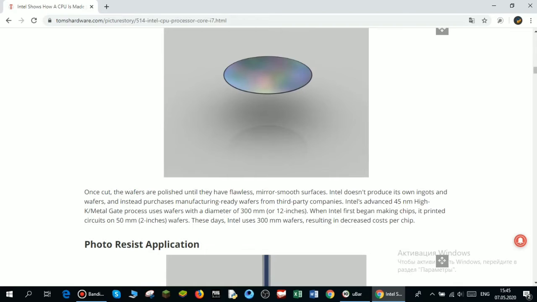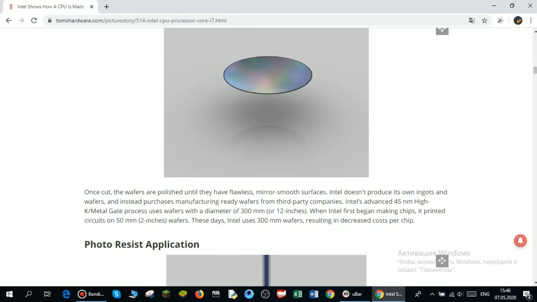Once cut, the wafers are polished until they have flawless, mirror-smooth surfaces. Intel doesn't produce its own ingots and wafers, and instead purchases manufacturing-ready wafers from third-party companies.